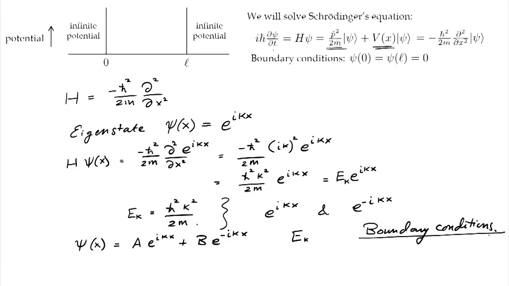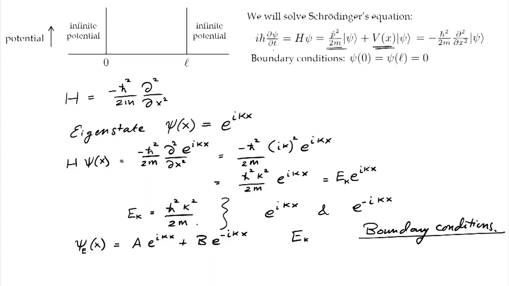And in order to do the boundary conditions, it's useful to write this general solution in a slightly different way. Let's call this psi sub e, or psi sub e sub k. Well, let me just write it as psi sub e to make it easier on myself. Now, remember, you can write e to the ikx as cosine kx plus i sine kx, and similarly e to the minus ikx.